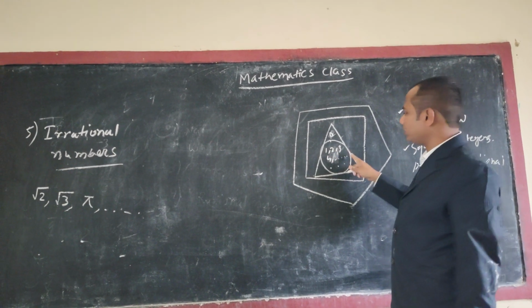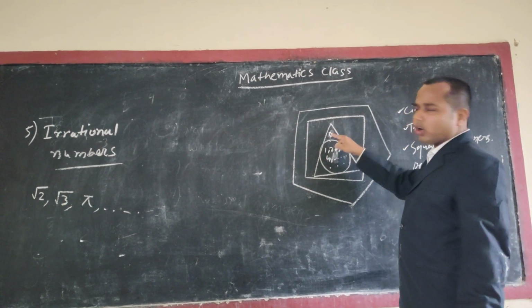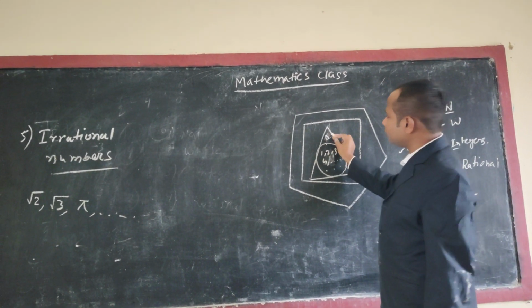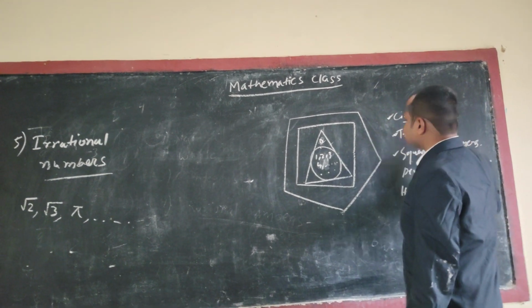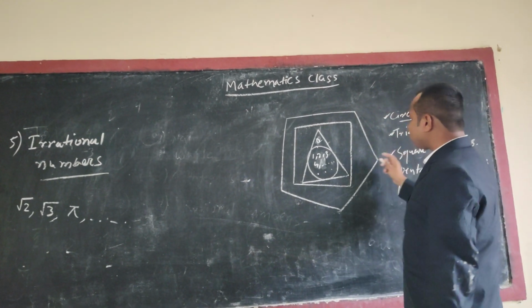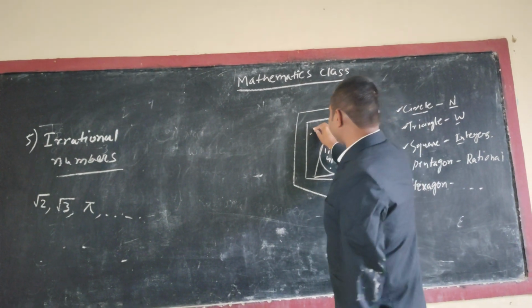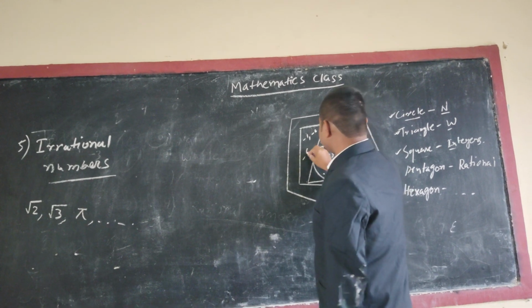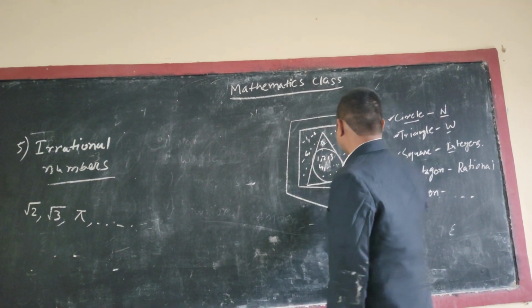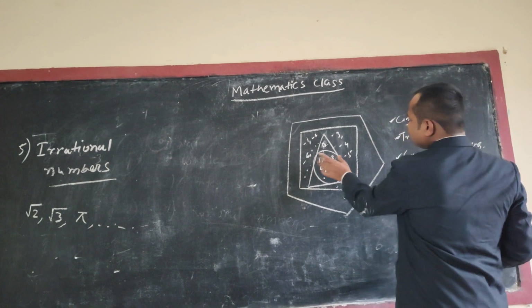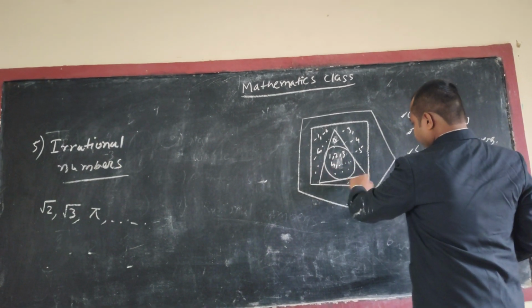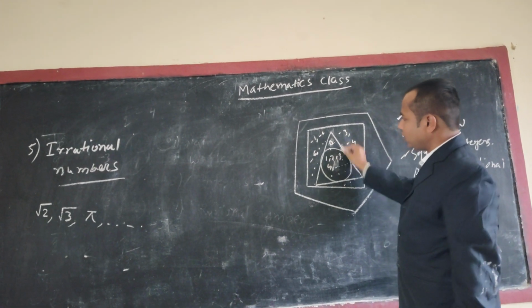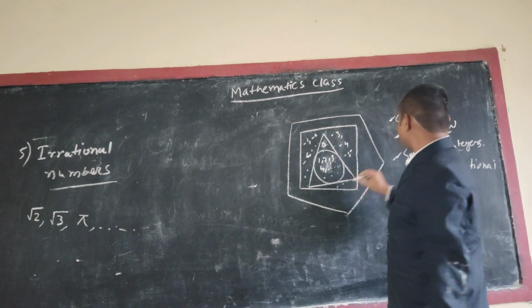In the interior part of the triangle, all the natural numbers are there along with 0. That's why the triangle represents whole numbers. Apart from that, all the negative numbers are there, like -1, -2, -3, -4, -5, -6. Inside the square, all the integers are there, like -1, 0, 1, 2, 3.